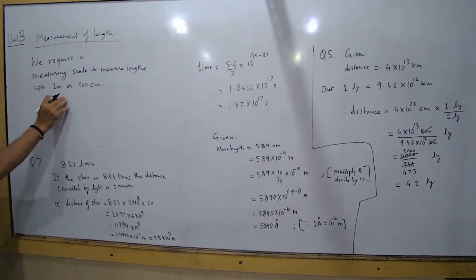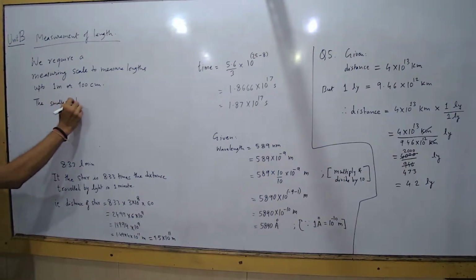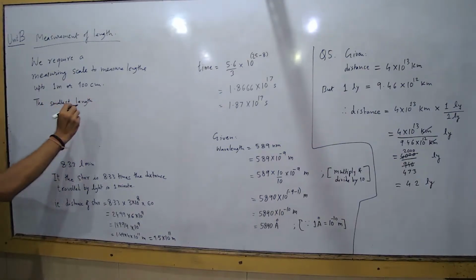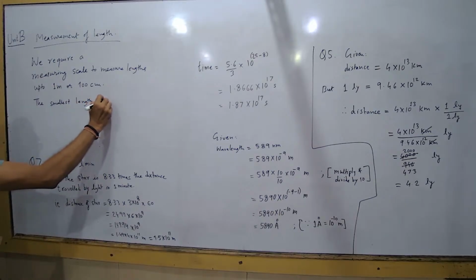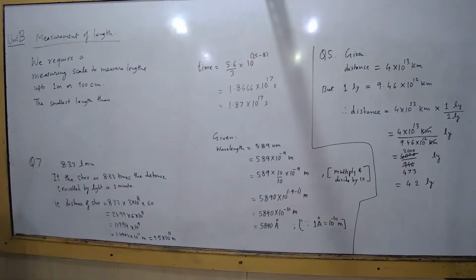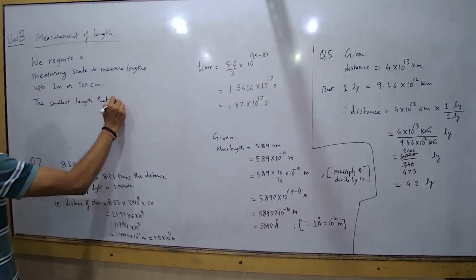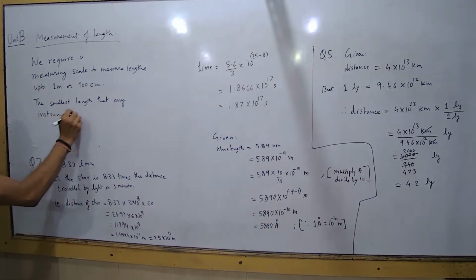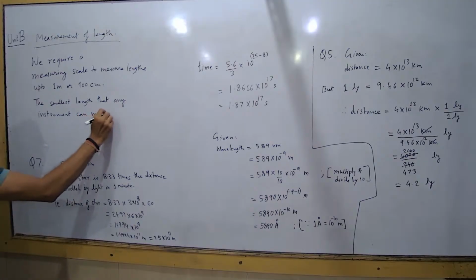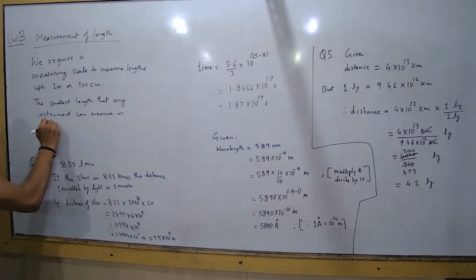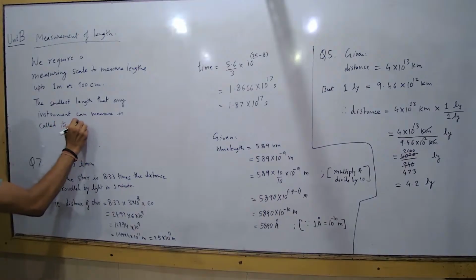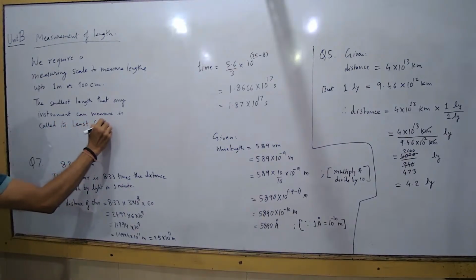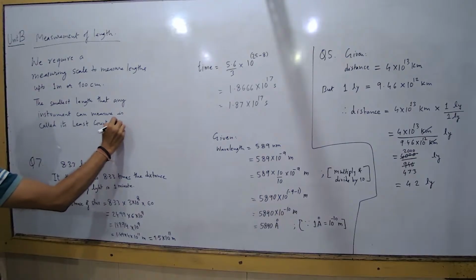So the smallest length that any instrument can measure is called its least count, or LC.